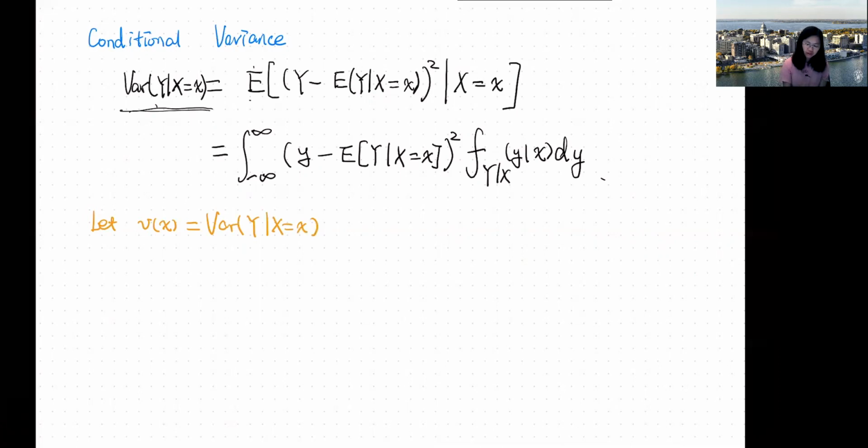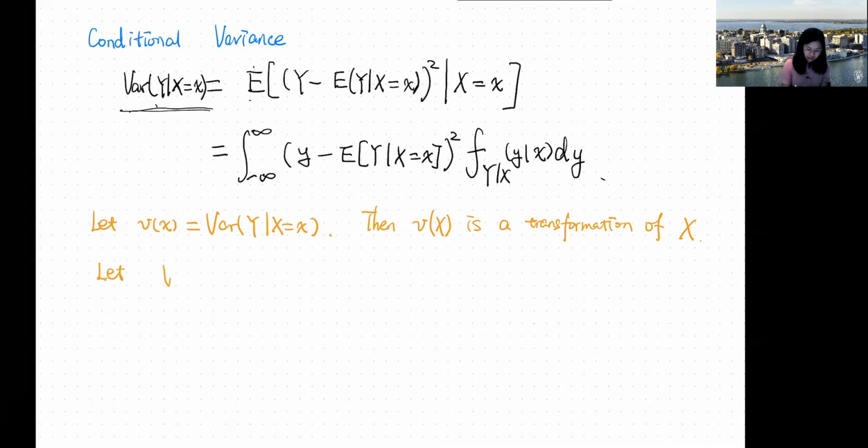We can define this function because this conditional variance is a function of little x. Then realize that v of capital X is a transformation of X. And therefore, it is a random variable.